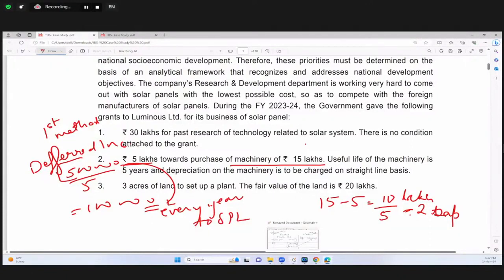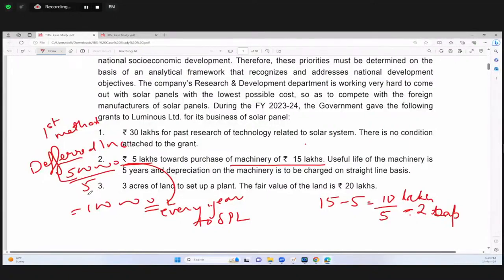So again, we are coming back to the case study, and in the case study, we have solved the first point where we are saying that since no condition was attached, 30 lakh will be immediately recognized in P&L. In the second case, the second grant, there are two ways given in Ind AS 20. You must have already studied this. Even if we go through Saransh, I'll navigate you through Saransh, because many of the students while PMM was addressing were asking where Saransh is given in the BOS knowledge portal.